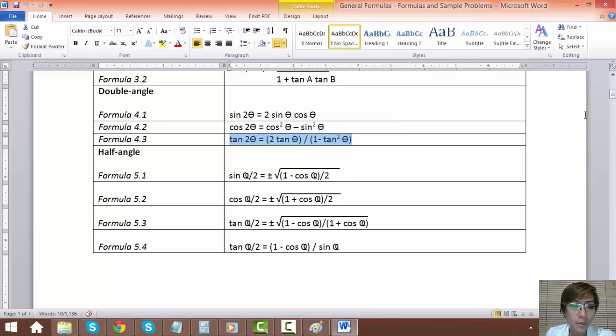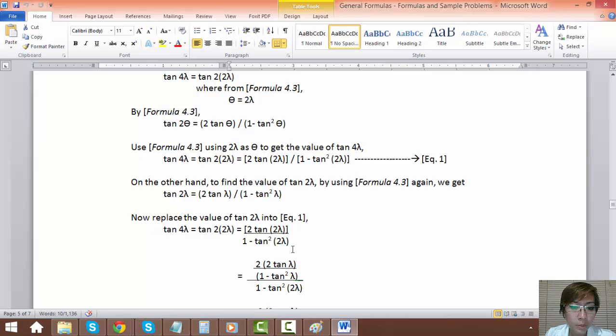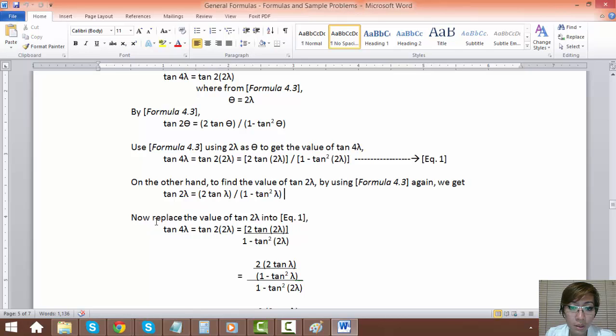Now, since we already have the value of tangent 2 lambda, we have to replace that into our equation 1.